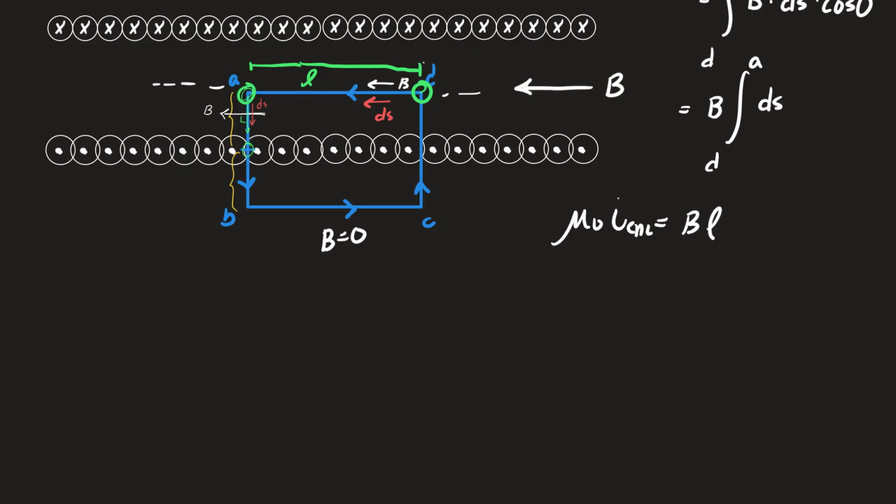Now, my image has a specific number, but I think you could probably recognize that I want to make this generic. So I'm going to replace I enclosed with the current passing through the individual coil, or the current in the wire, times N, the number of loops contained in my Amperian loop.